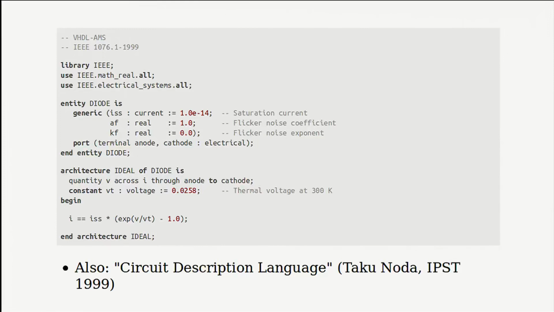There's also an analog and mixed signal extension for VHDL. And there's another one that I came across in a paper from 1999 called the circuit description language, though I couldn't find any implementation of it. The focus of these is simulation and verification, really.